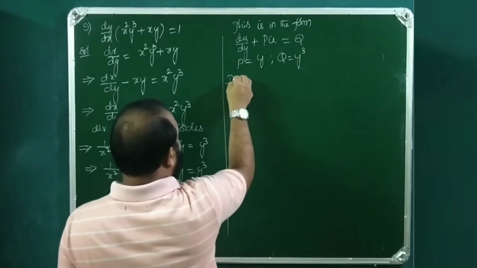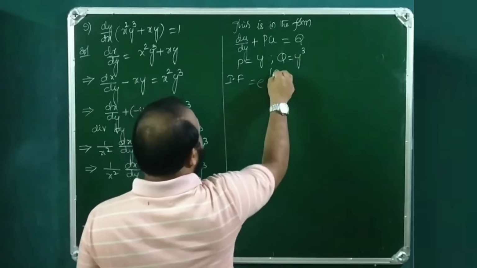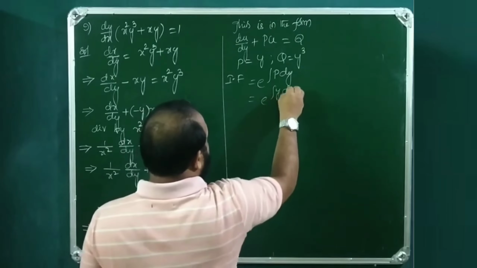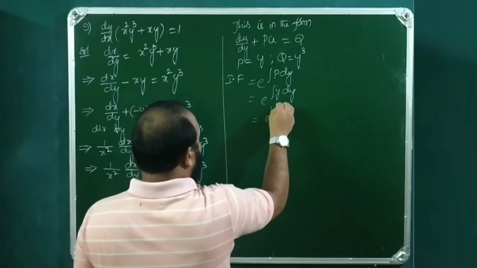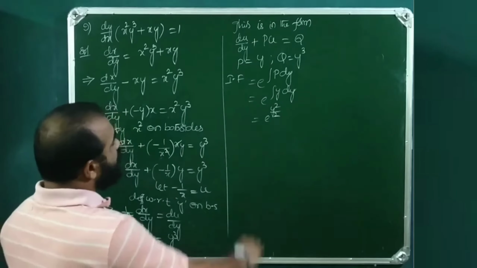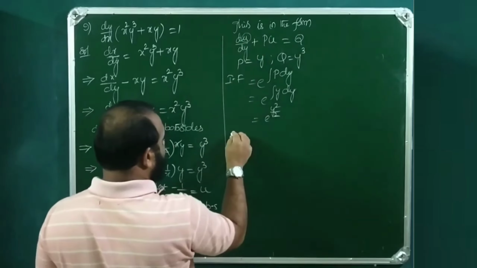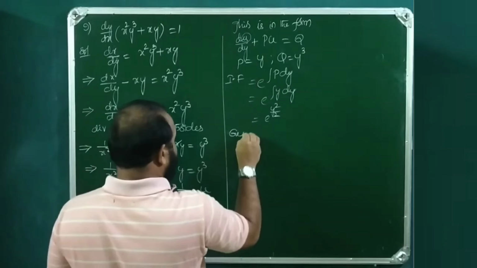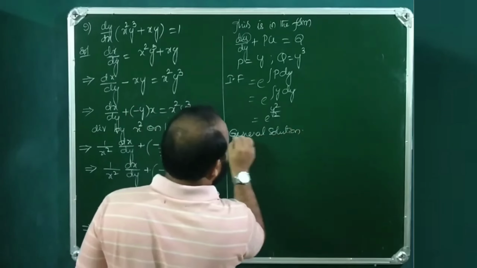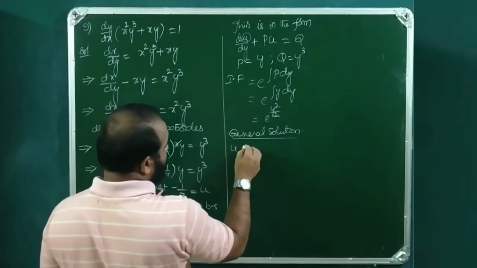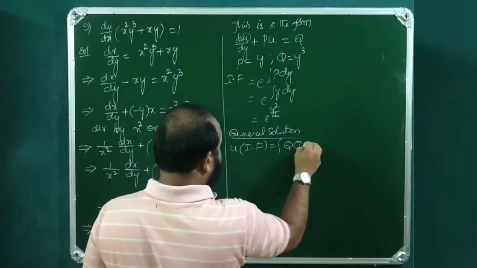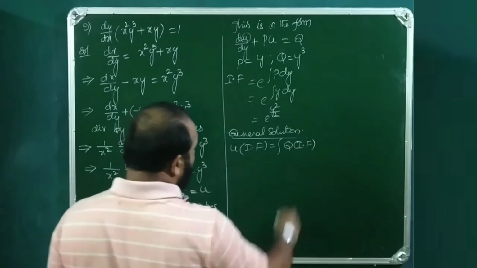Now its integrating factor is e^(∫P dy) = e^(∫y dy), this is e^(y^2/2). This is our integrating factor. Now its general solution, start with u here: u times the integrating factor equals the integral of Q times the integrating factor dy.